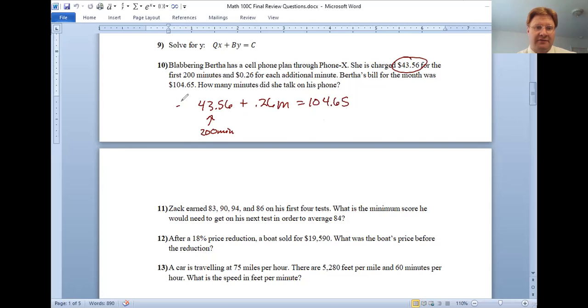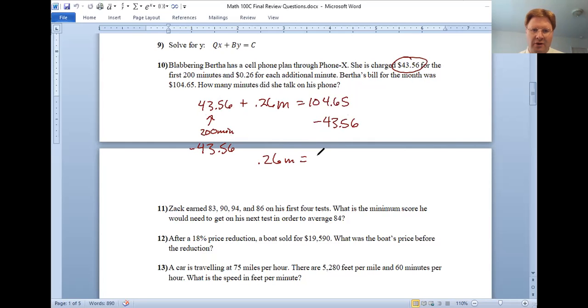So let's subtract the 43. Subtract 43.56 from both sides. And we get 0.26m equals 104.65 minus 43.56.